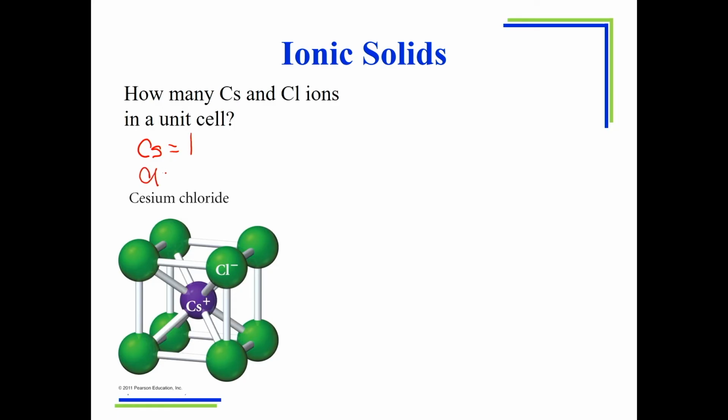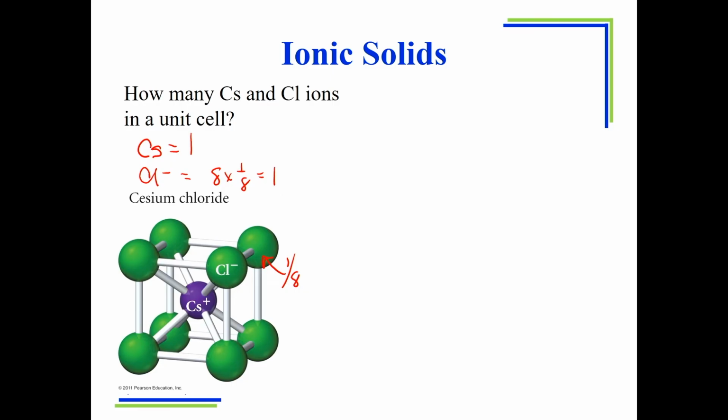Chloride ions, how many Cl- ions do we have? Well, the rookie would say, well, there's 8 green spheres there, therefore there's 8 atoms. But we know that each one of these corners is only 1/8 of an atom, right? So if there's 8 of those corners and they each count as only 1/8, it's 8 times 1/8, and that equals 1.